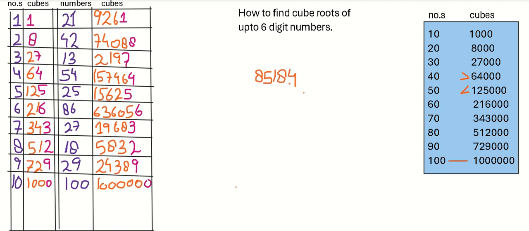So we can say that its cube root will be greater than 40 but less than 50, because 40 will only take you to 64,000 and 50 will take you to 125,000, which is greater than what we need.